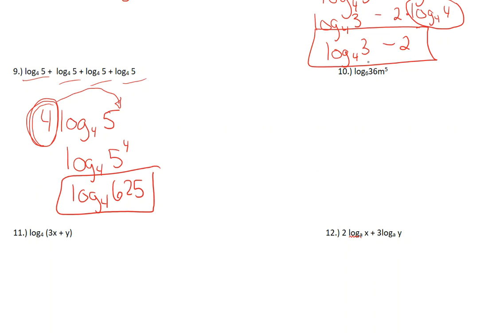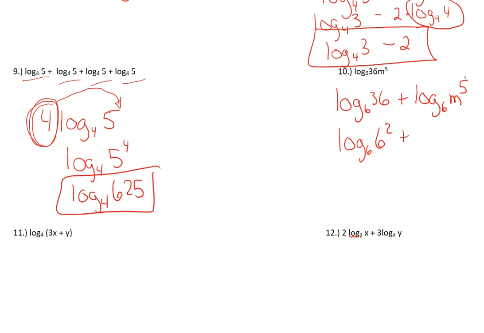Number 10, as you can see, is pretty condensed. So again, I'm going to try to expand that. I'm going to separate these out using addition because it's multiplied. Because 6 and 36, I can see that 6 goes into 36. I'm going to rewrite 36 to use that same base, so it's going to be 6 squared.